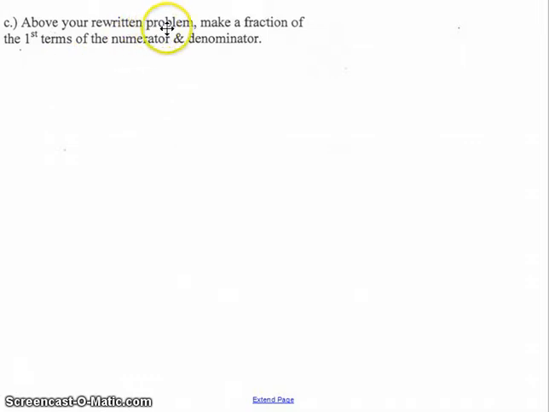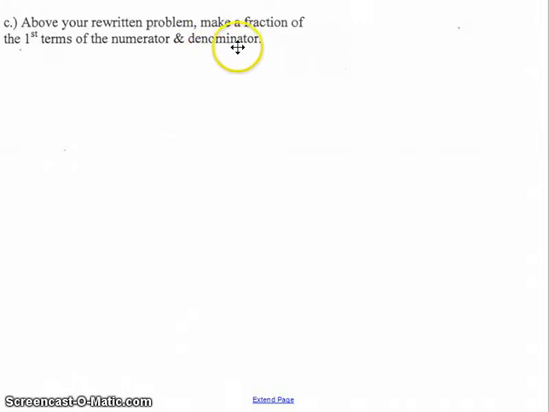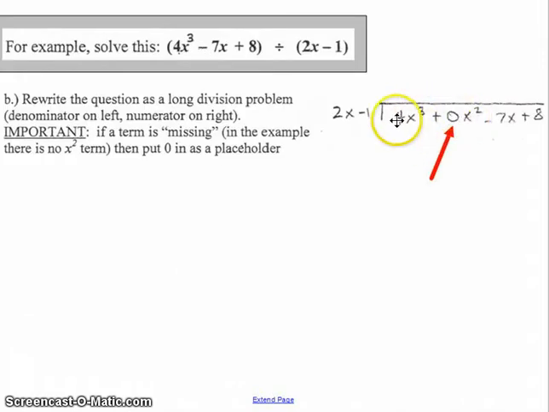As I say, above the problem, in other words, you're going to write it up here above the question that you've got, make a fraction. That fraction is going to be the first terms of the numerator and the denominator. Let's go back again and look at the question. The numerator, the first term is 4x cubed. The denominator is 2x.